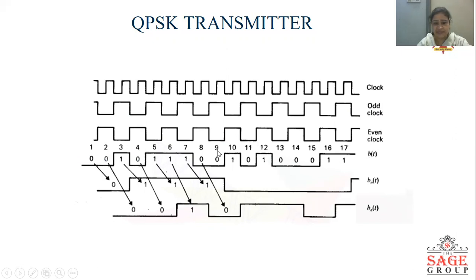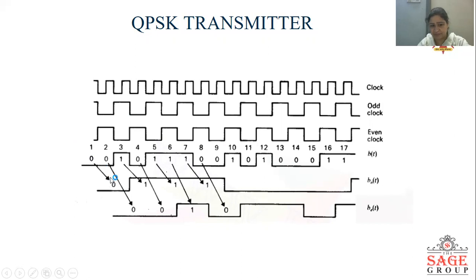Say this is the bit stream, which is the message signal. Now the message signal can be in the form of 1 and 0. So here we have taken BT as 2 zeros, then 1, 0, then 111, then 00, and so on. Now the output of the odd flip-flop will be BOT, which will register odd-numbered bits.